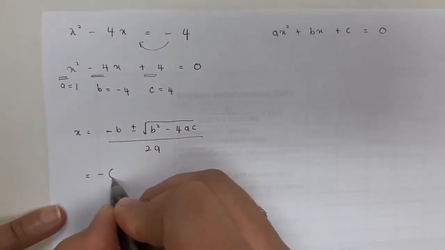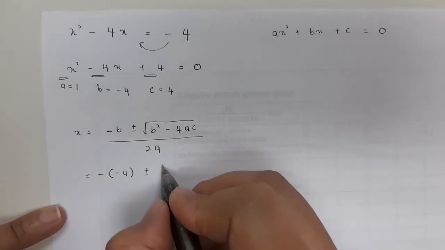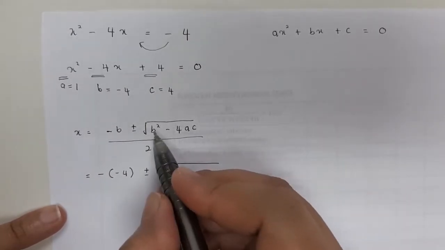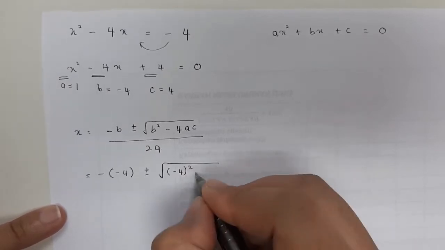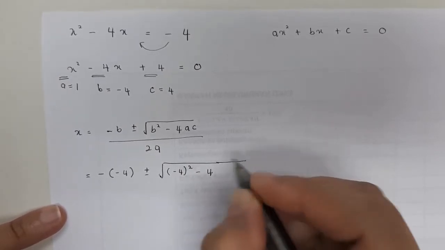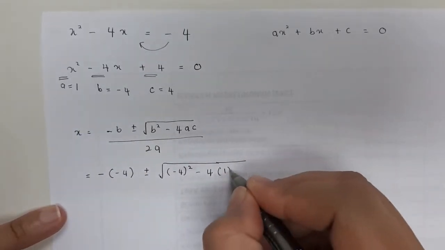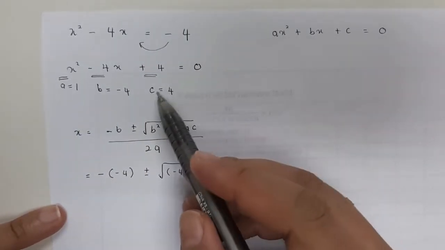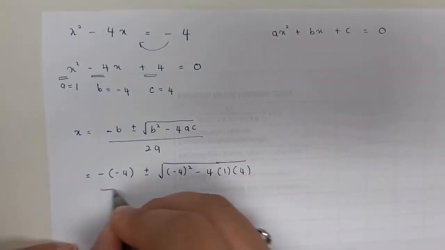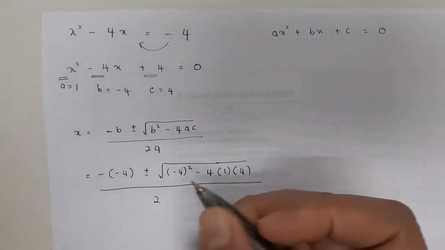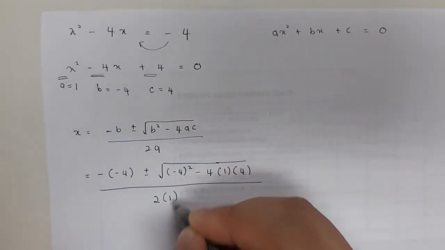So negative 4 plus minus square root negative 4 square minus 4 multiplied by A, which is equal to 1, multiplied by C, and C equal to 4, over 2 multiplied by A, which is equal to 1.